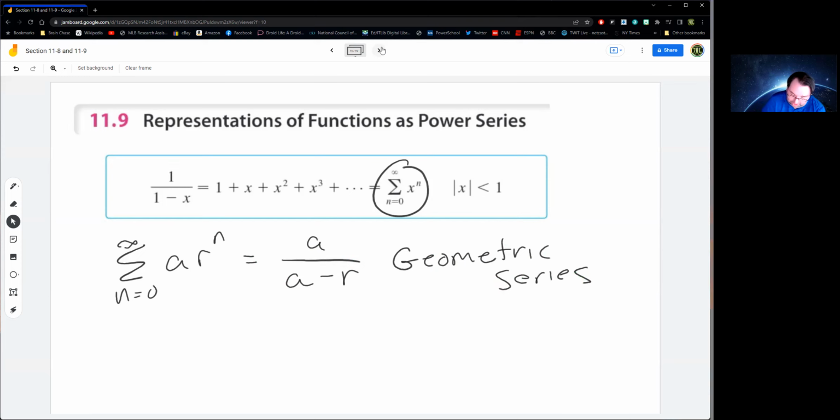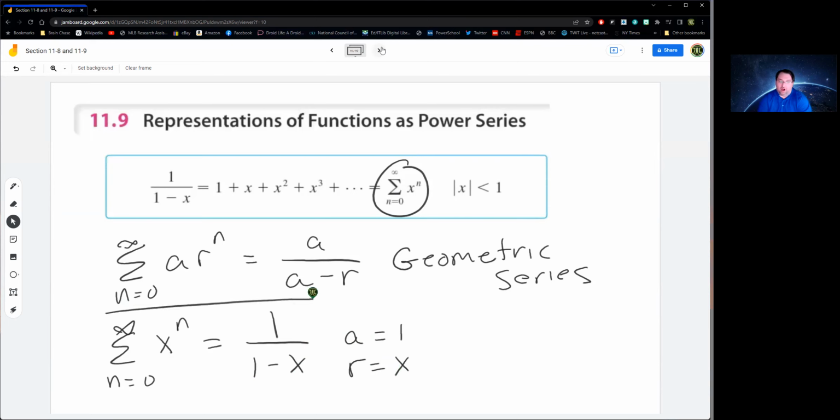So if I change it and just let that be x to the n, this is going to converge to 1 over 1 minus x, because a equals 1 and r equals x. So all I'm doing is I'm taking that geometric series, and instead of having the r, I'm making it an x.